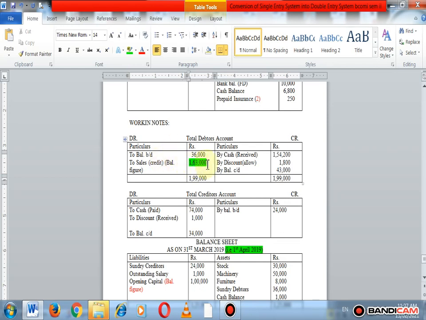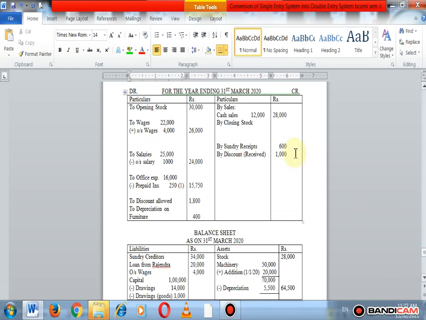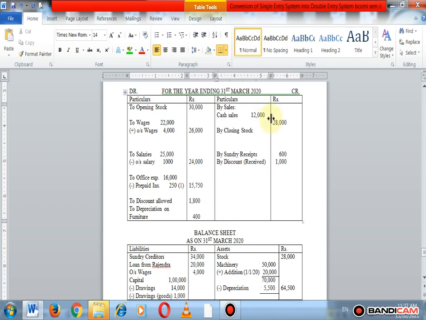Okay, then this sales is added in cash sales. So here we add credit sales in cash sales.